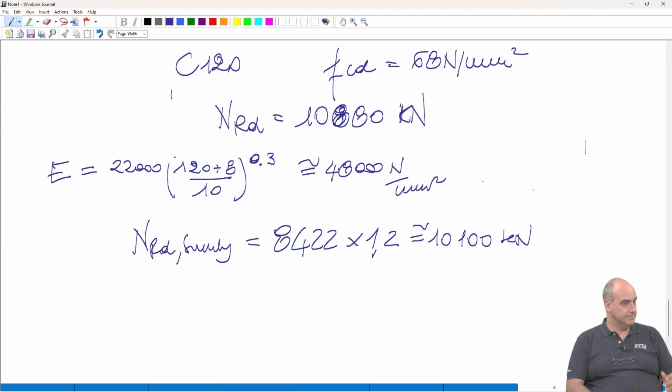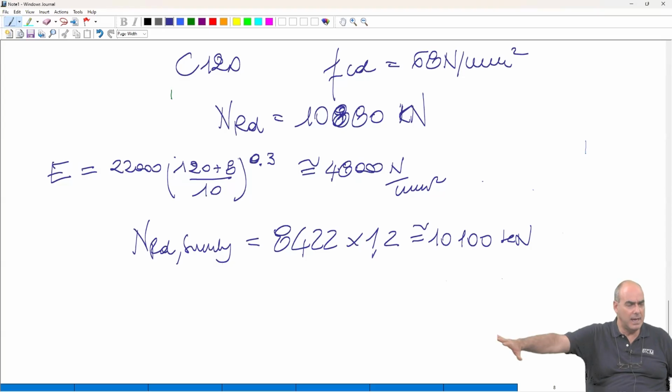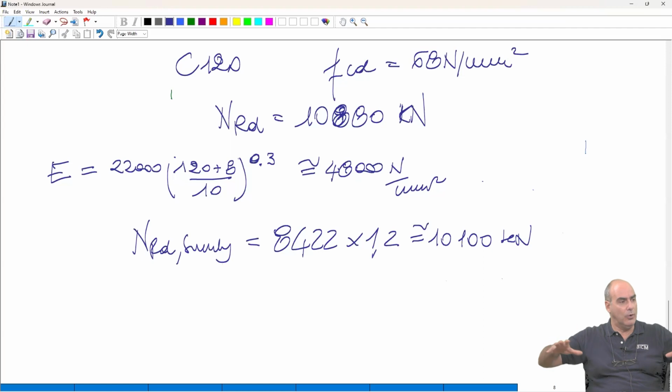Well, now you have said, okay, but this estimate, this calculation here is very simple. You can do it before you make any finite element model. You have an assessment of your loads, so you know what to do.